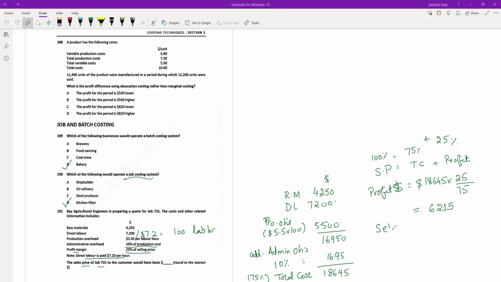Then we have selling price: total cost 18,645 plus 6215, 24,860.